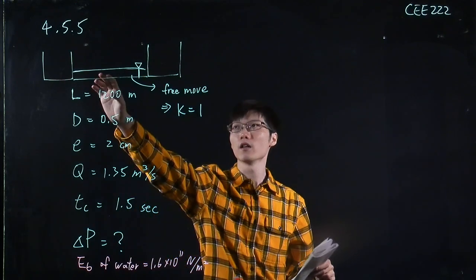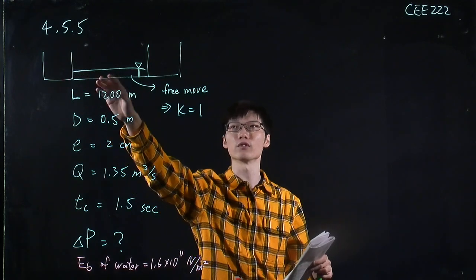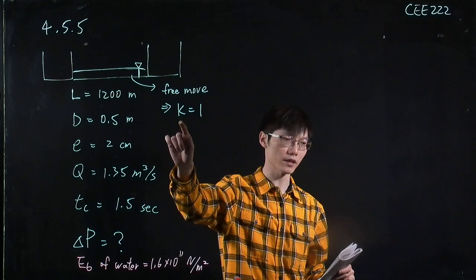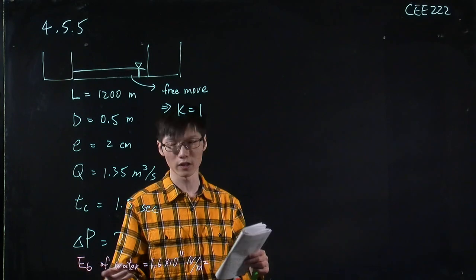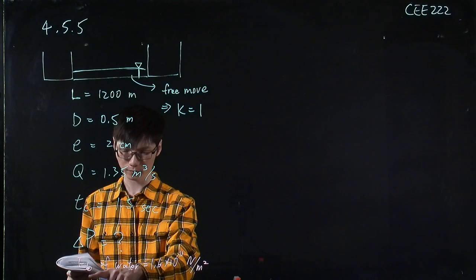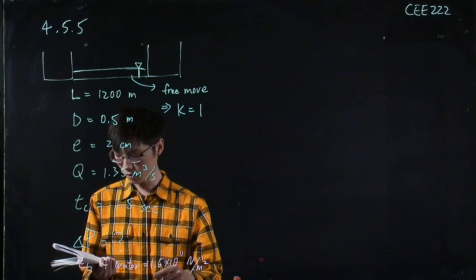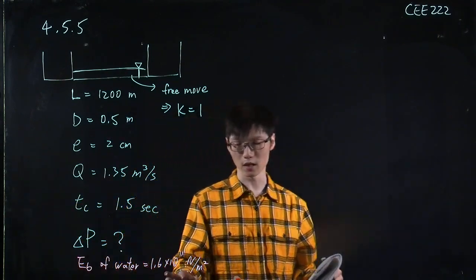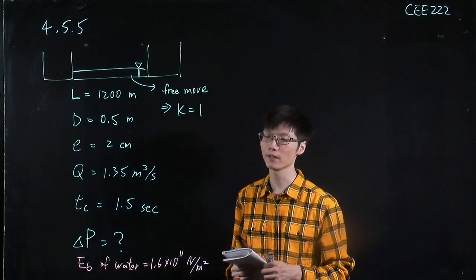And because the problem also states that the water is freely moved horizontally in this pipe, that means the K factor is equal to 1. Also, even though the problem did not provide this EB, the bulk elasticity for the water, you can find this number in textbooks, which I wrote here, is 1.6 times 10 to the power 11.